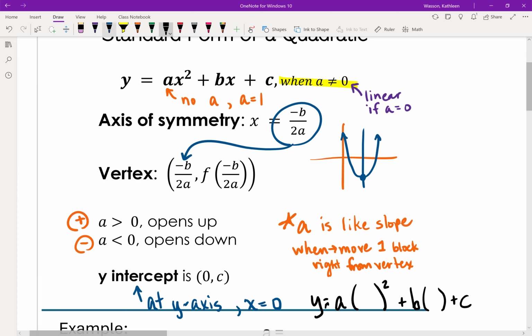If I put zeros where the x's are, then a number times 0 squared is just 0. And a number times 0 again is 0. And all that's left when x is 0 for that point is that y would have to be c. So that's where this comes from.